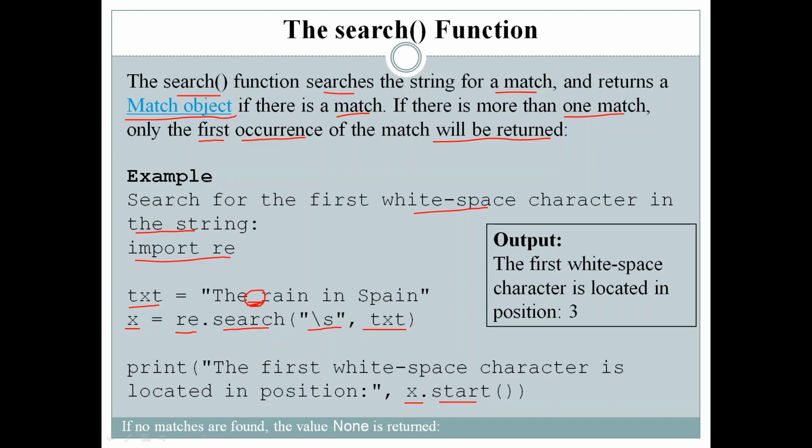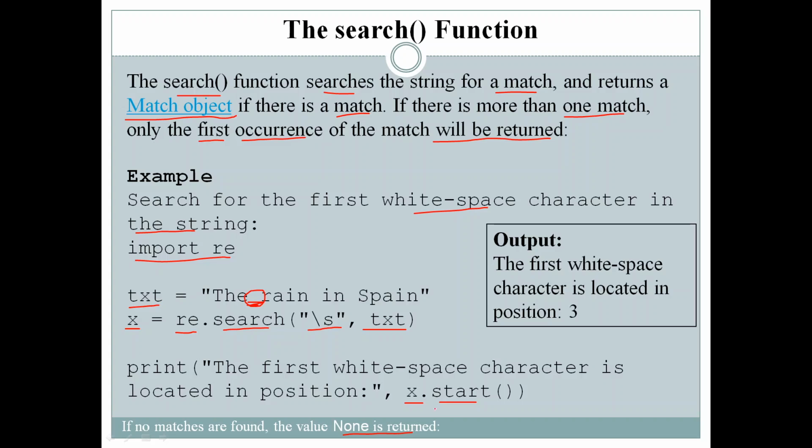If no matches are found, the value None is returned by the search function. Again, compare this with the findall method, where if no matches are found, an empty list is returned. The search function returns None if no match is found. If a match is found, it returns a match object.